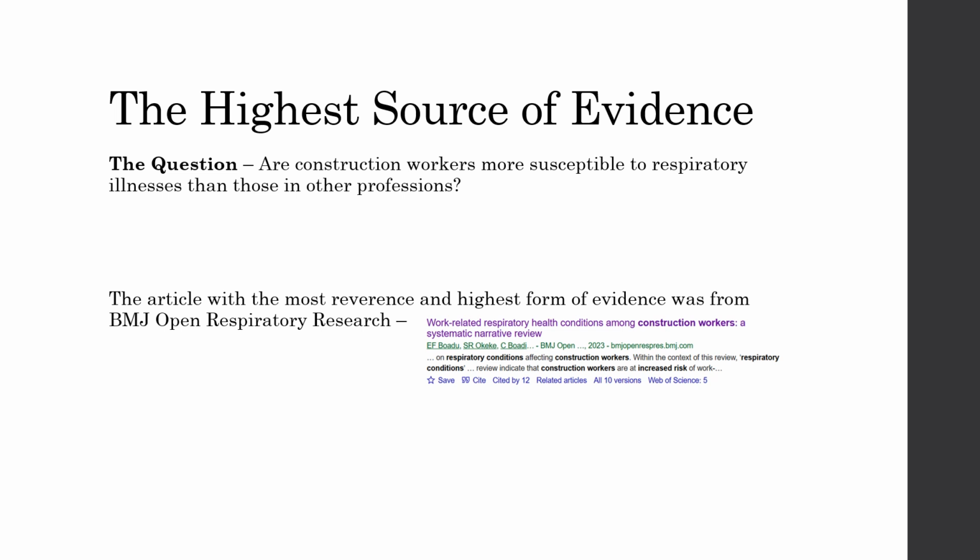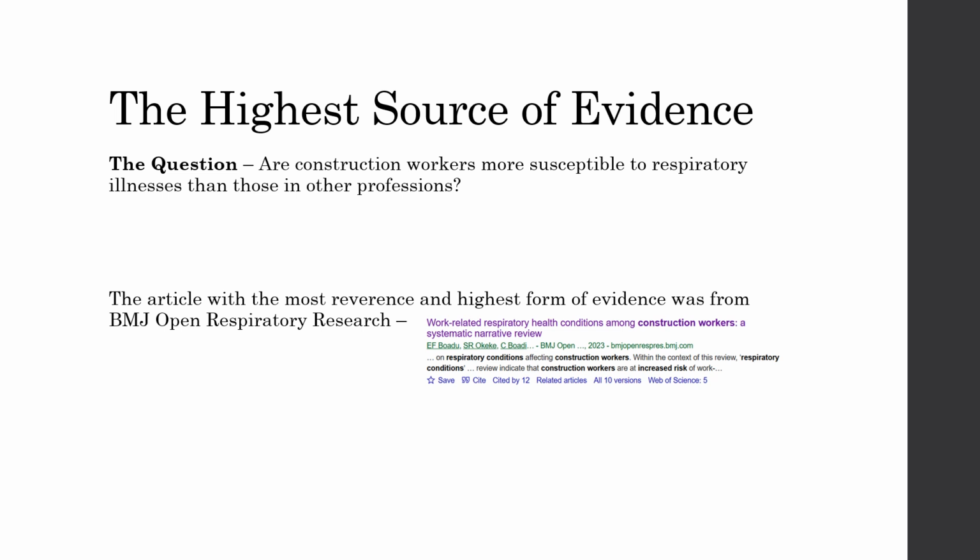Whereas in the BMJ Open Respiratory Research article, the focus was on systematically reviewing respiratory illness among construction workers. It identified 16 respiratory conditions and major exposure risks. It highlights risk factors like smoking and prolonged exposures, and it discussed mitigative strategies beyond PPE, such as ventilation, engineering controls, and administrative measures.